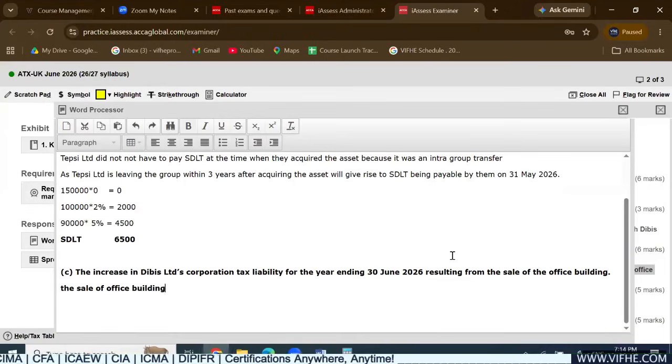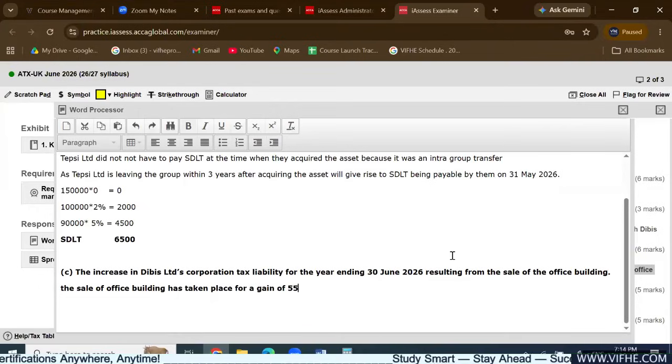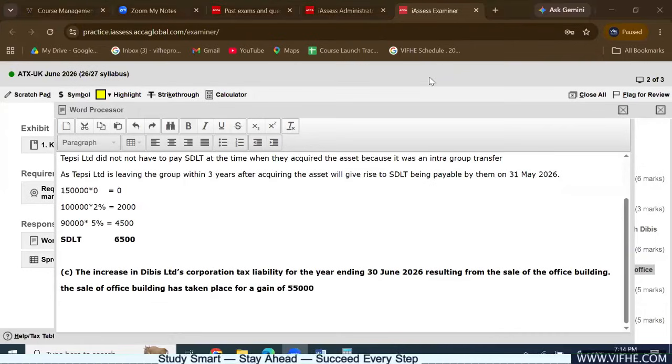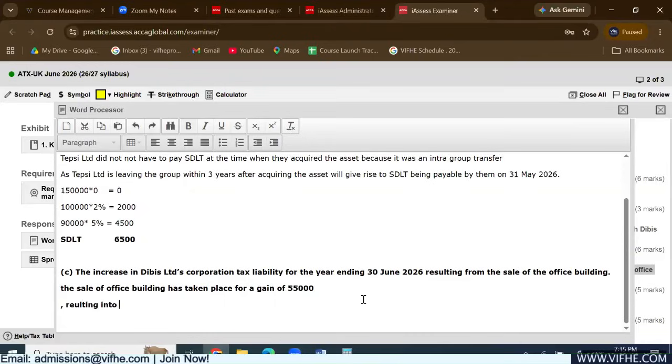So the sale of the office building has taken place for a gain of 55,000 pounds, resulting in taxable total profits becoming, I'll show, 40,000 pounds being the profit and 55,000 pounds being the gain.